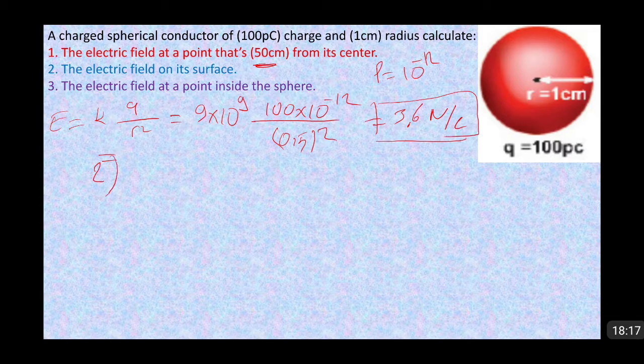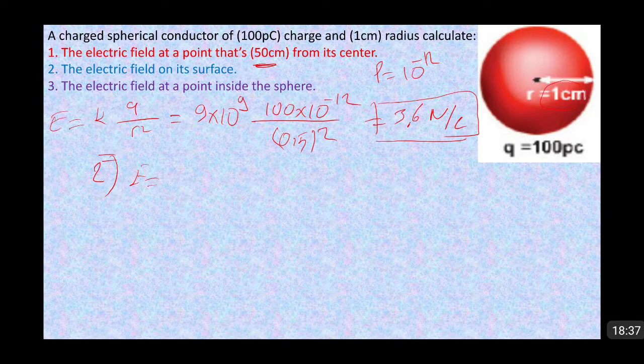Second, the electrical field on the surface. It means we are using R equals 1 centimeter, which equals 0.01 meter. We are using our same equation.